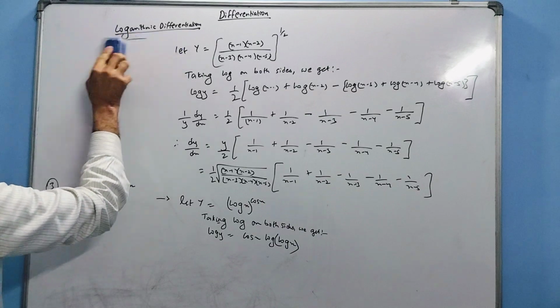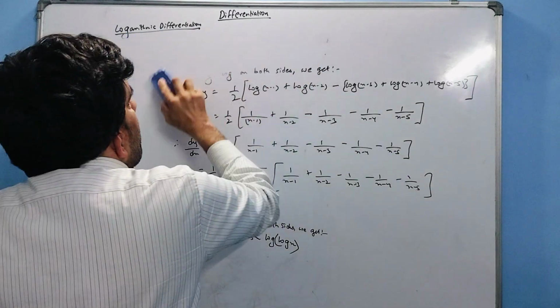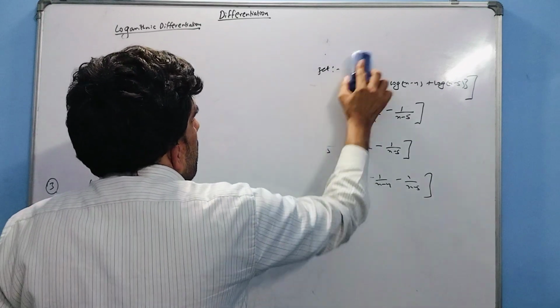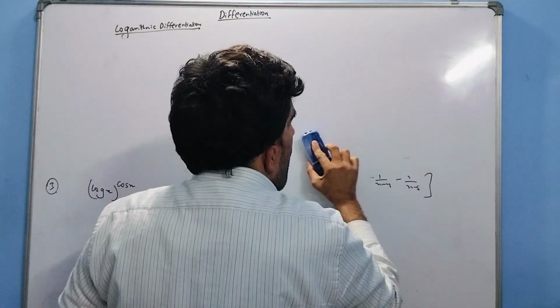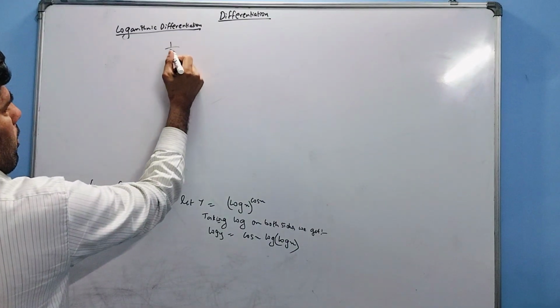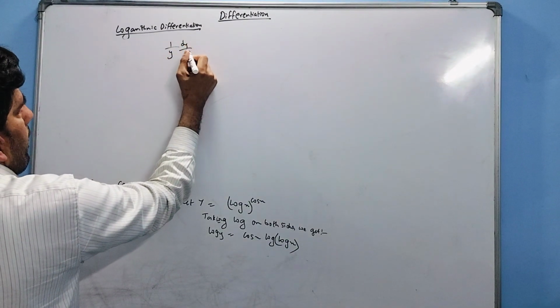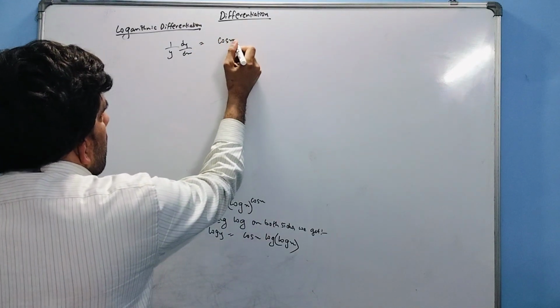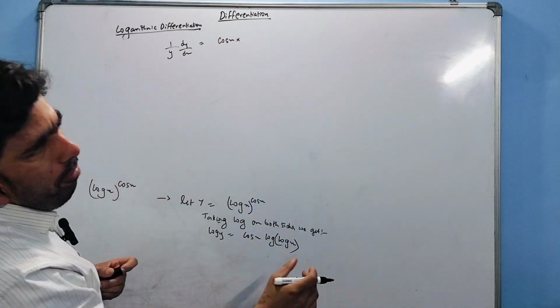Let us erase this question. Now we have the third question here, so we'll try to differentiate it. How? Let us see. We have 1 upon y dy upon dx is equal to cos x into differentiation of log x.